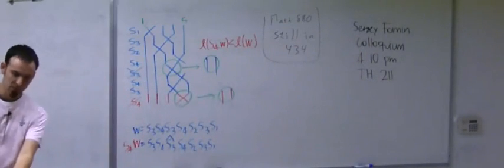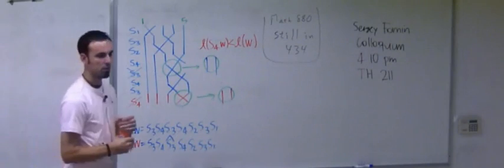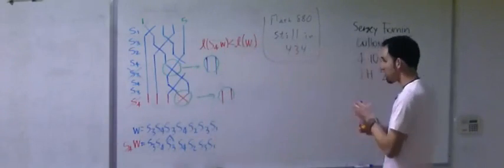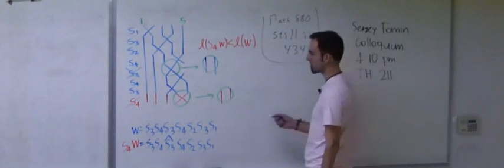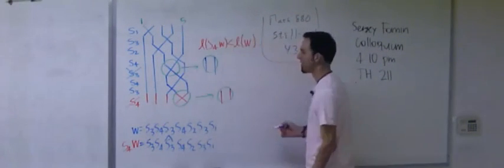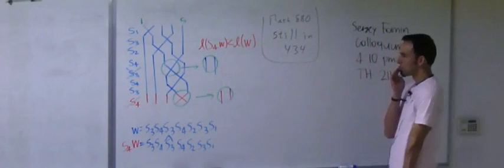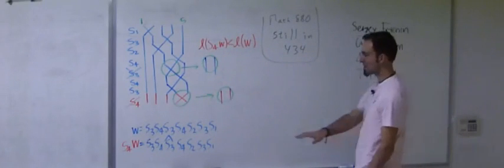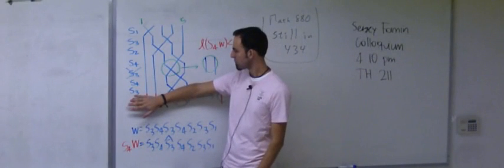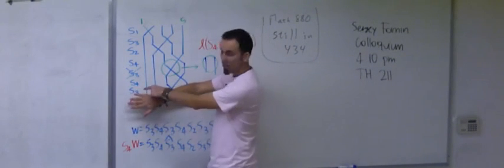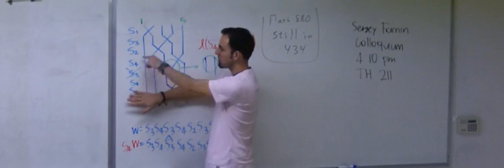I'll let you think about what the deletion property says then. I'm reluctant to erase this, and I'm reluctant to draw it again. So let's talk about the deletion property. So imagine that this red stuff was never introduced to this picture. So we claimed last time that this word was not reduced.